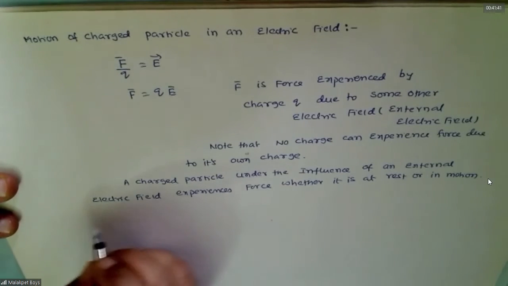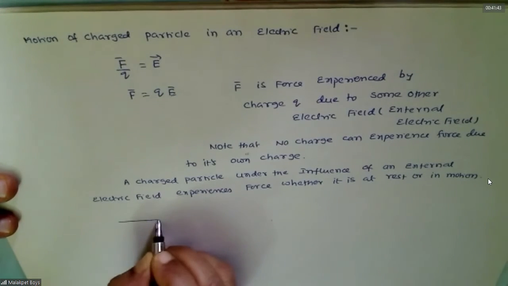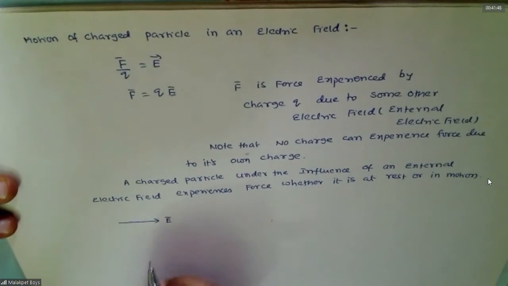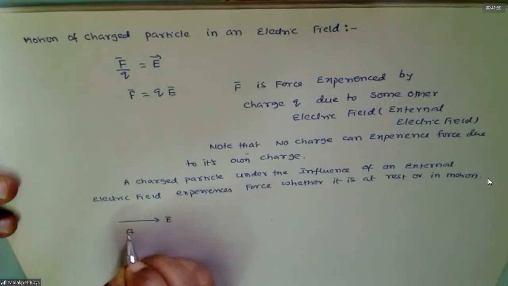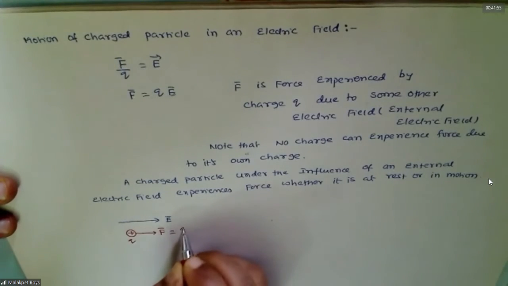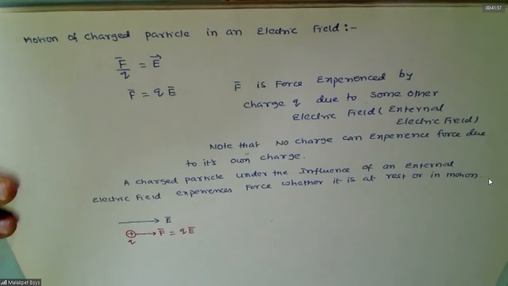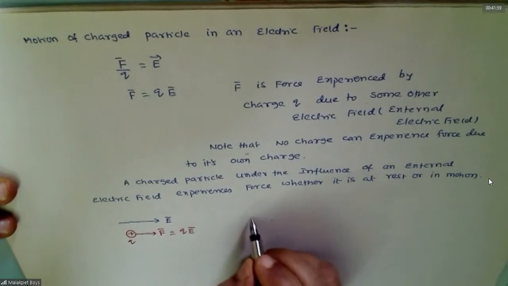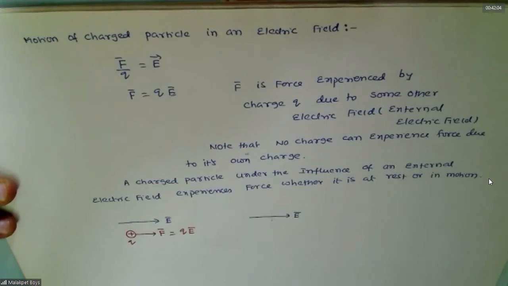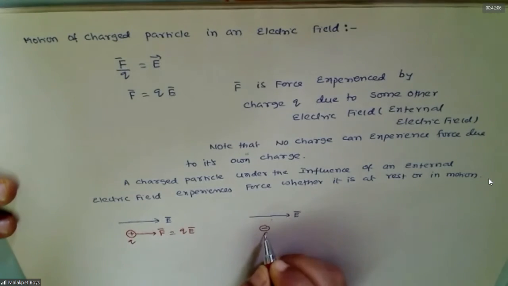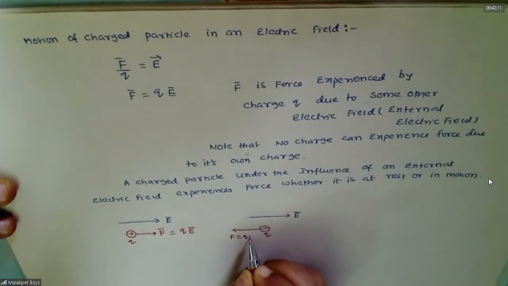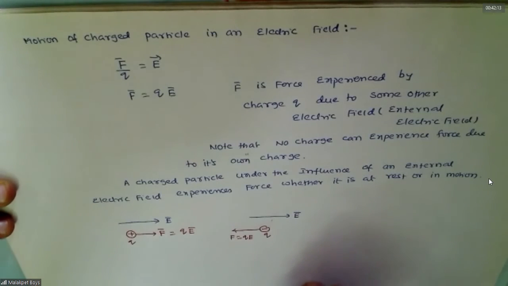So you can see, suppose this is the external field, you place a positive charge here, it will have a force in the direction of the field. On the other hand, if you have an electric field in this direction and you have a negative charge here, it will experience a force in the opposite direction. Followed this?